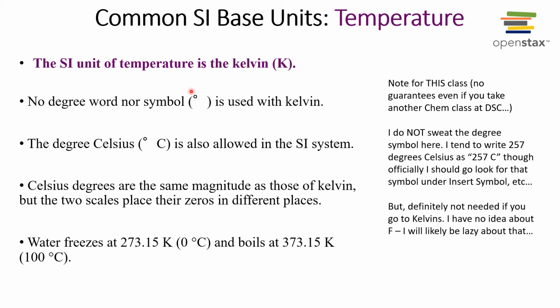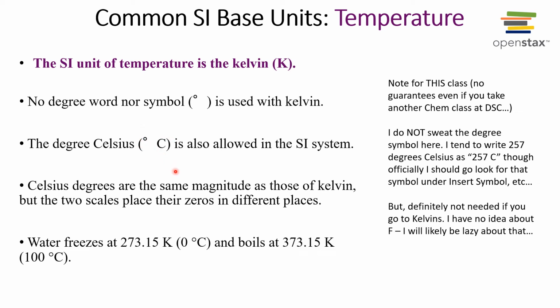A little bit about the degree symbol. You will probably see that I tend to not write the degree symbol. So, technically, I'm wrong when using C. I should put the degree symbol, but I'm probably not going to.